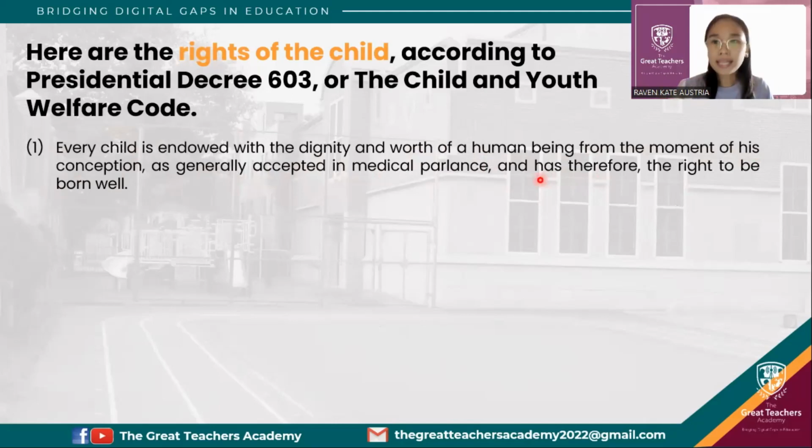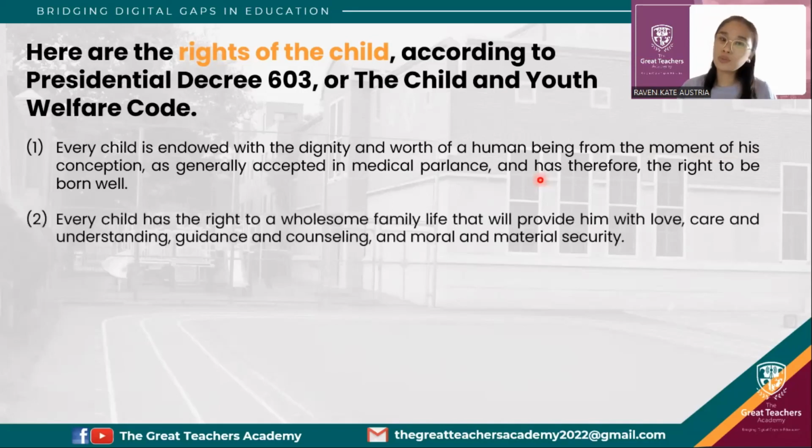Lahat ng bata, lahat ng kabataan ay may karapatang maisilang at magkaroon ng pangalan at nasyonalidad. As simple as that. Nasa loob ka pa lang ng tiyan ng nanay mo, may karapatan ka ng mabuhay at isilang sa mundo.